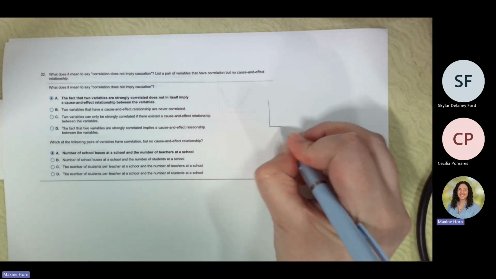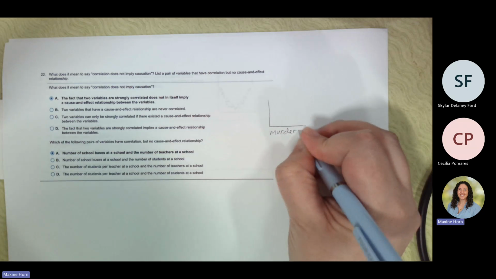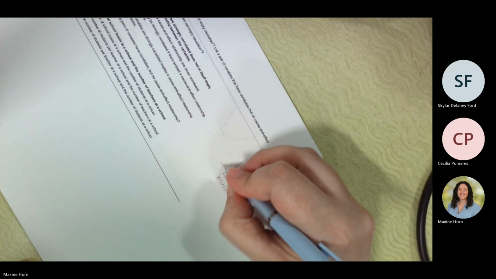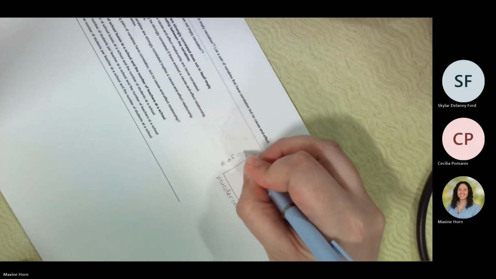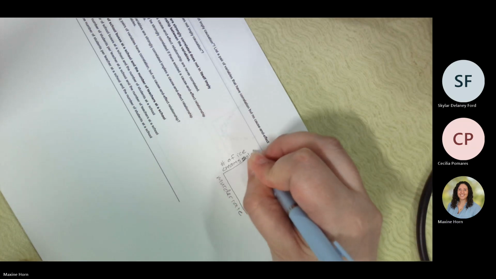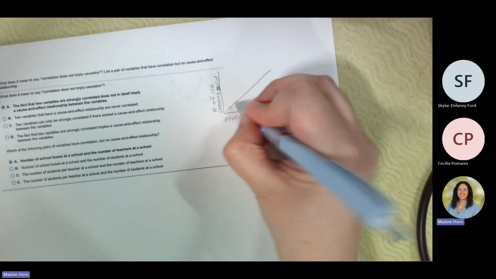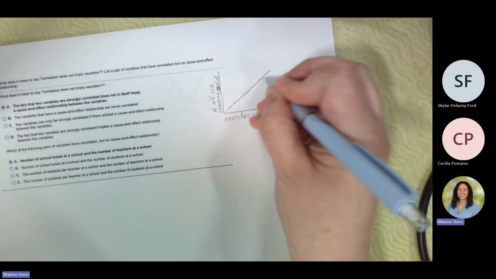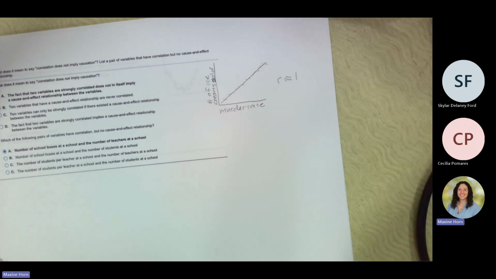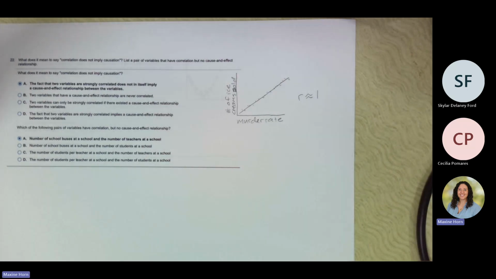Is if you look at a graph of the murder rate and the number of ice creams sold, they have a very, very strong positive correlation. Their correlation coefficient is almost 1. It's super, super strong.